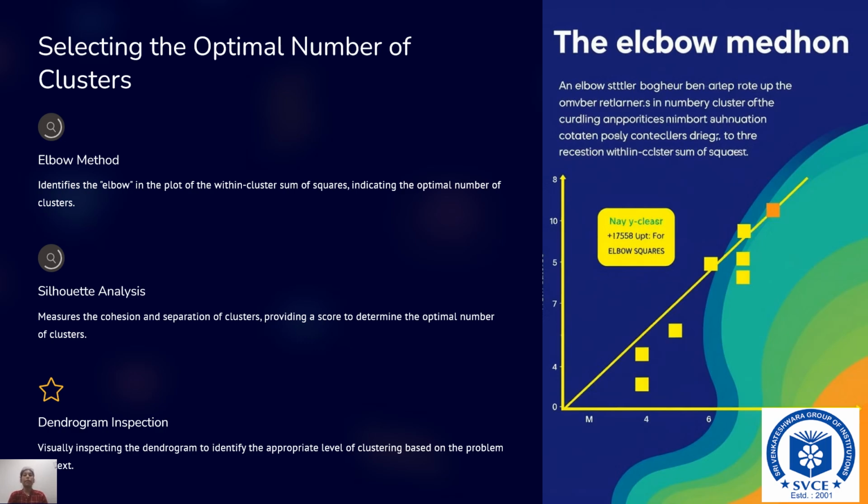Next, silhouette analysis measures the cohesion and separation of clusters, and it also provides a score to determine the optimal number of clusters. Next one is dendrogram inspection. In this method, we visually inspect the dendrogram to identify the appropriate level of clustering based on the problem context.